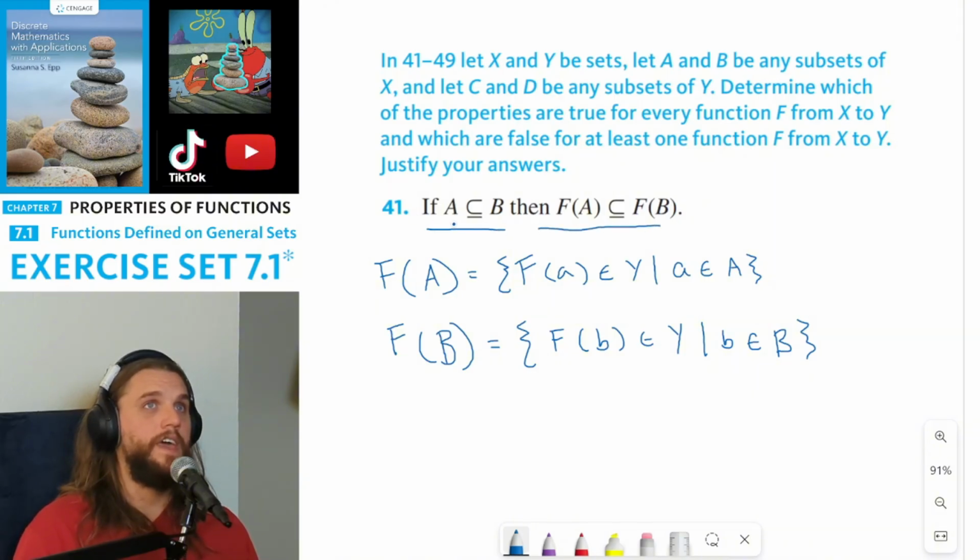Now, this is an if-then statement. It says if A is a subset of B, then capital F of A is a subset of capital F of B. Here I have the set builder notation for what these sets are defined as.